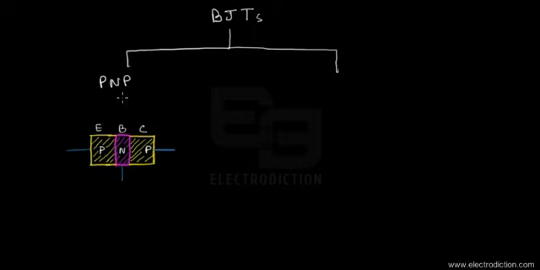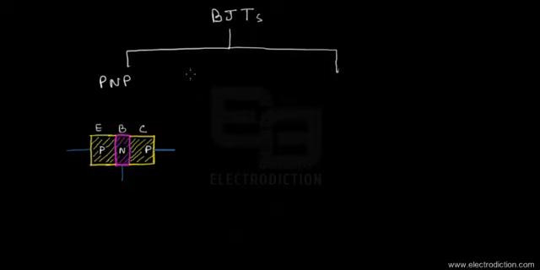The first variant is the PNP type. In this one, the emitter and the collector are made up of P-type extrinsic semiconductor material, while the base, the portion between the emitter and the collector, as you can see outlined in pink, is made up of N-type material.